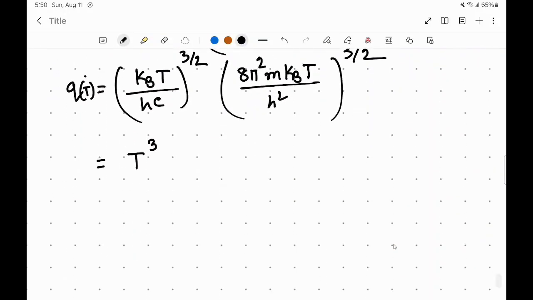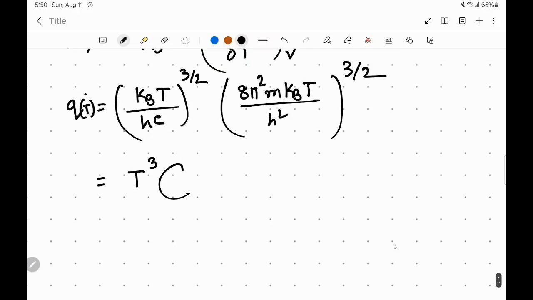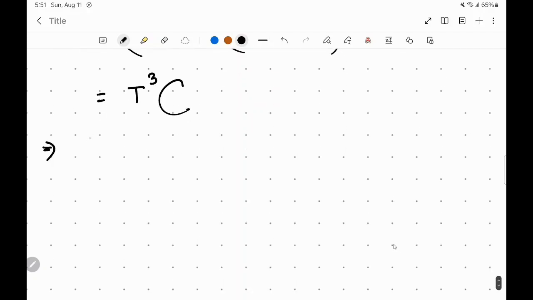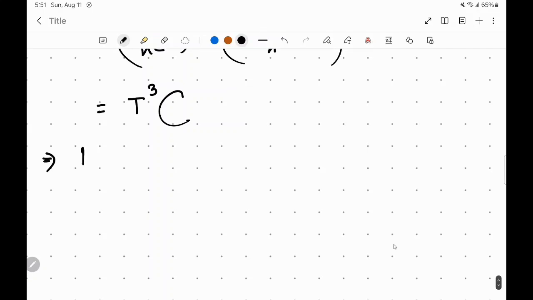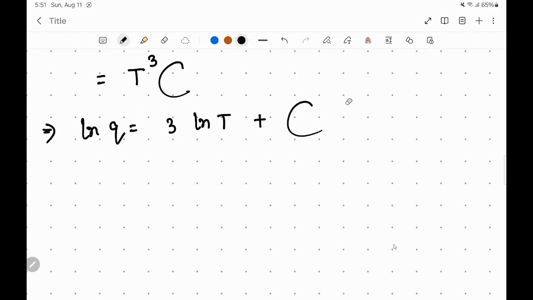That's not our business here. So let's say this is just T cubed into a constant, because the rest of the part is not a function of temperature, and we take the derivative only with respect to temperature. So now ln q will be 3 ln T plus ln c. As c is constant, ln c will also be constant.